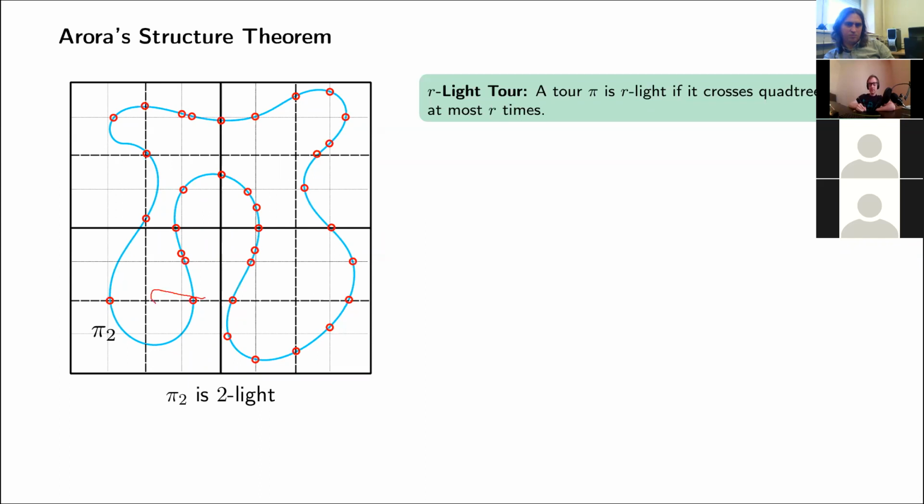For example, this edge is crossed only once, and this edge is crossed only twice. You can check that for every edge of this quad tree, this tour crosses it at most twice. So this is what I mean by lightness. It's basically how many times this tour is crossing this cell.